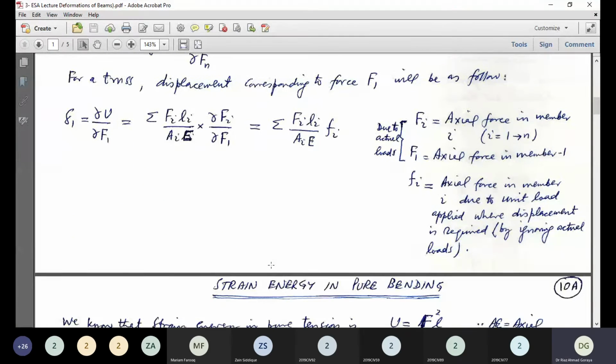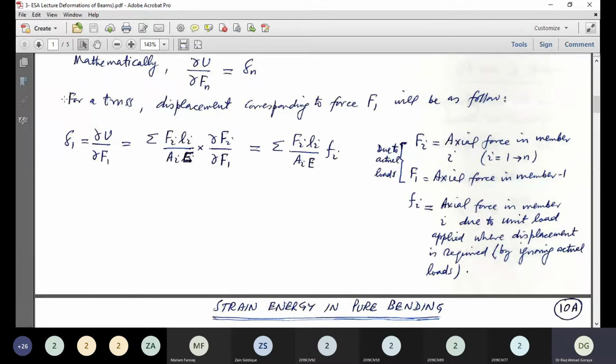Now, the same equation for a truss: displacement corresponding to, say, a force F1. Now we want to compute the deformation corresponding to force F1. So we will take the partial derivative of the strain energy with respect to F1, because we need the deformation corresponding to load F1.